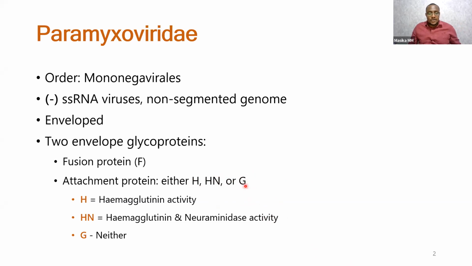It's no longer part of this family, but it's one of the viruses that has this G, which means it has no hemagglutinin or neuraminidase, but all of them still keep the fusion. And that's why RSV involves syncytial formation, because of the fusion of the host cell membranes when the virus attacks adjacent cells.